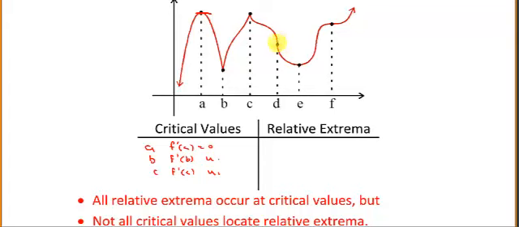At d, we have a vertical tangent, so f prime of d is undefined too. At e, we have a critical point because, again, we have the first derivative being 0. It's a horizontal tangent. And at f, we have the first derivative being 0 again. So at a, e, and f, the first derivative was 0. At b, c, and d, the first derivative was undefined.